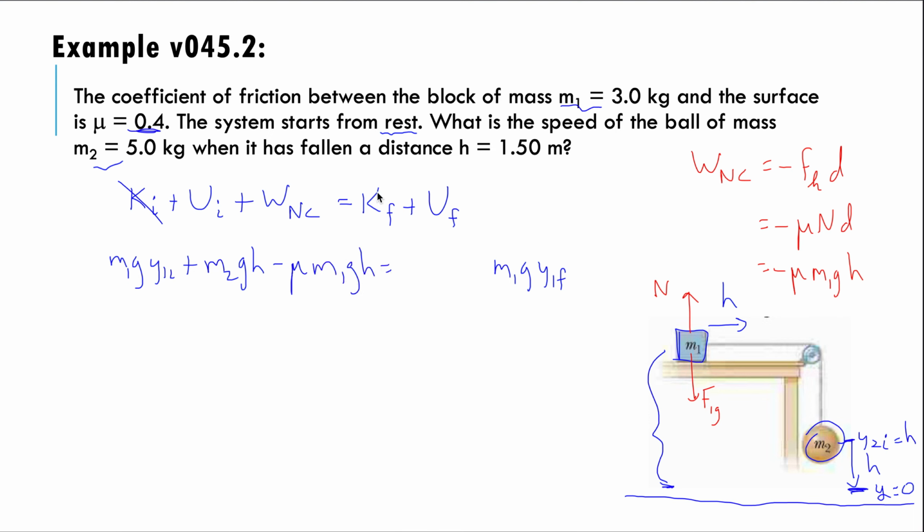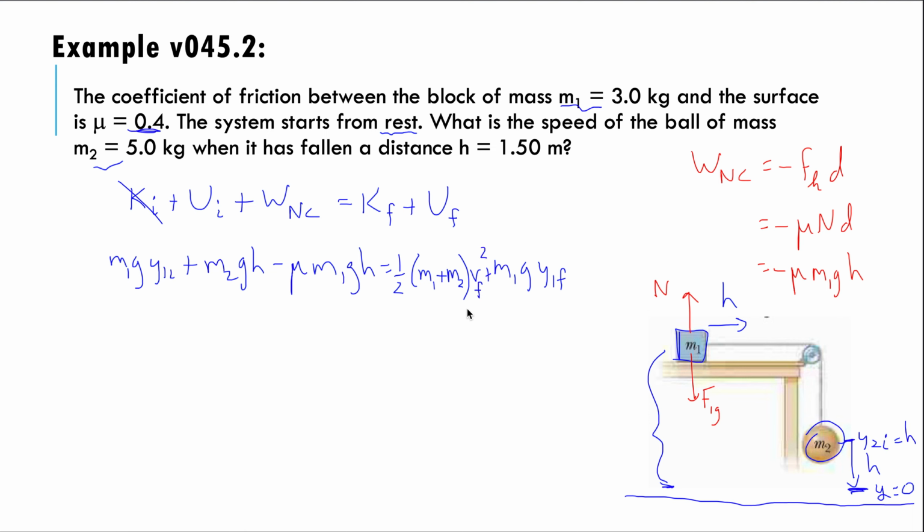And that's going to equal the final kinetic energy of both. Now, they are connected, so they're going to be moving at the same speed. So instead of writing two kinetic energy terms, we can just put one kinetic energy term, 1/2 m v final squared, where the mass is just the sum of the two, because they're both going to have the same speed.